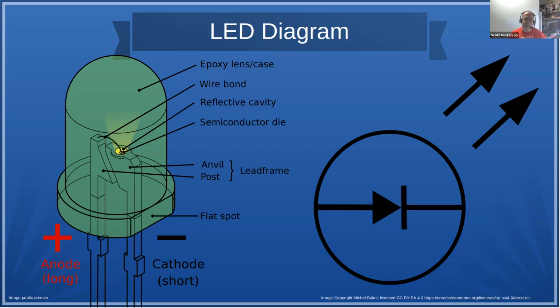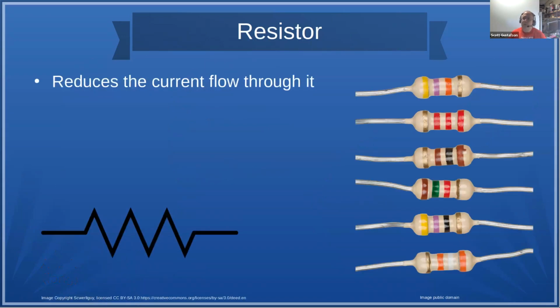Most people understand what a diode or an LED is. Resistors reduce the current that flows through them. So diodes, that's current flowing through. A resistor reduces that current, so we don't send all of the current through. Again, some common resistors are pictured here, along with the electrical symbol for a resistor, which is a little jagged line.